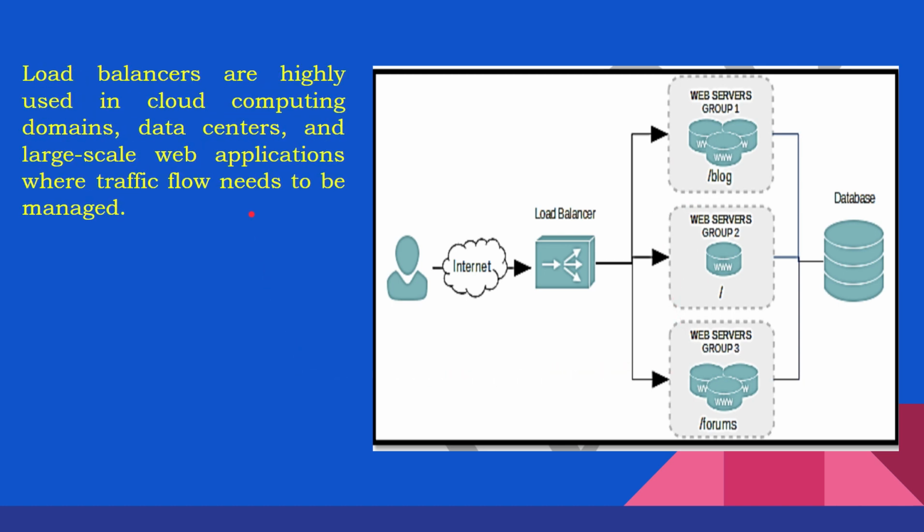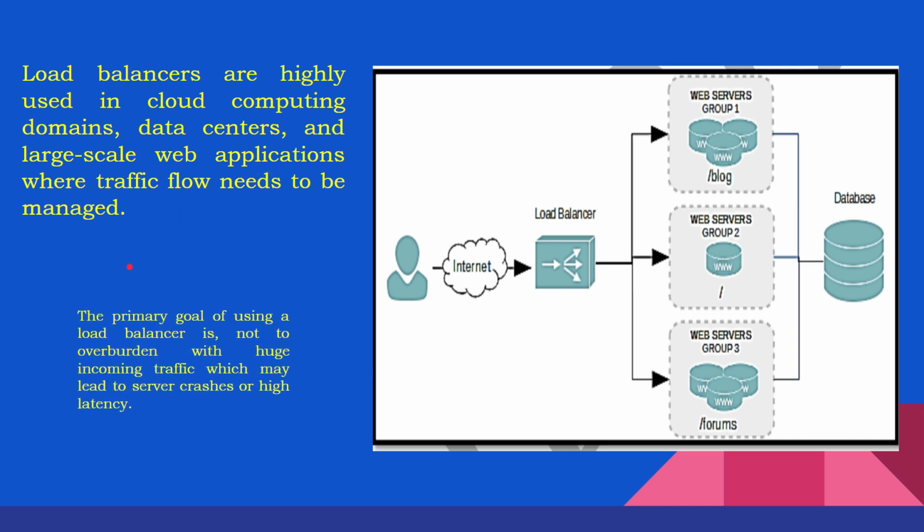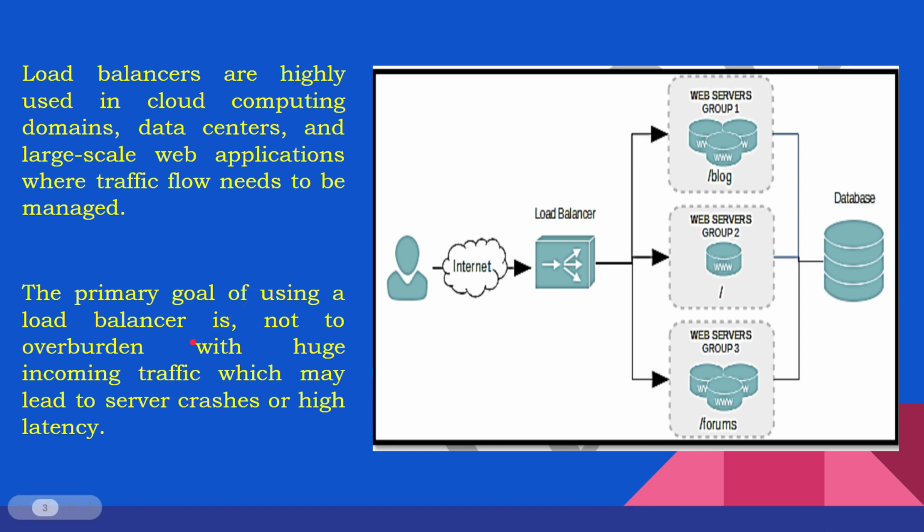Load balancers are highly used in cloud computing domains, data centers, and large scale web applications where traffic flow needs to be managed. The primary goal of using a load balancer is not to overburden the servers with huge incoming traffic, which may lead to server crashes or high latency.